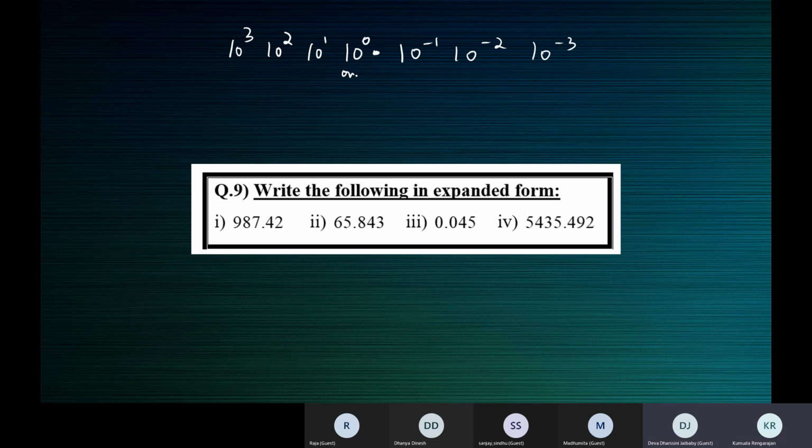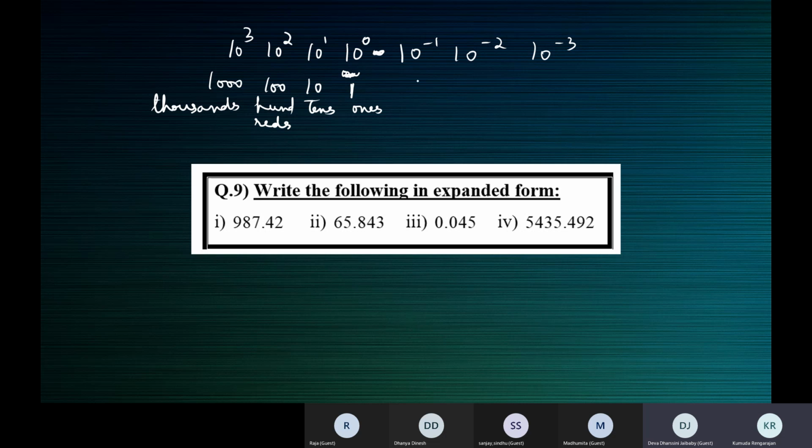This is the ones place. This is 1. This is 10. This is 100. This is 1000. Thousands. Hundreds. This is the tens place. This is the ones place. This is the decimal point.